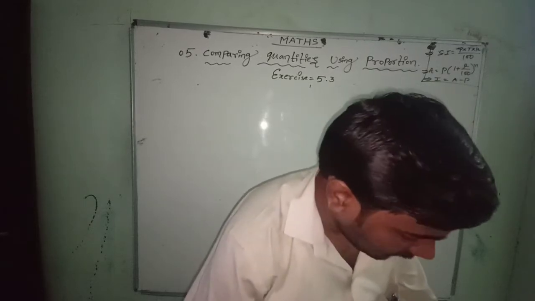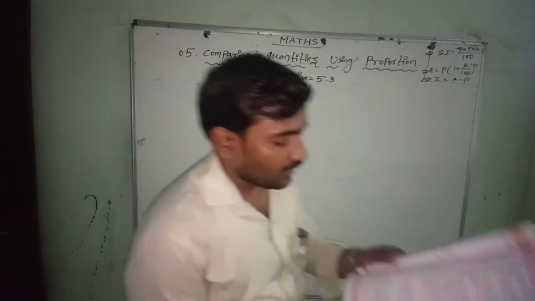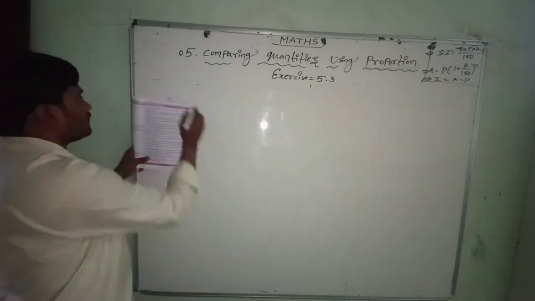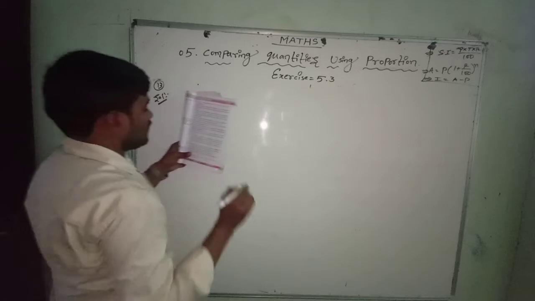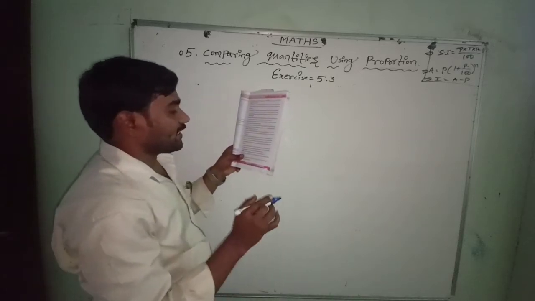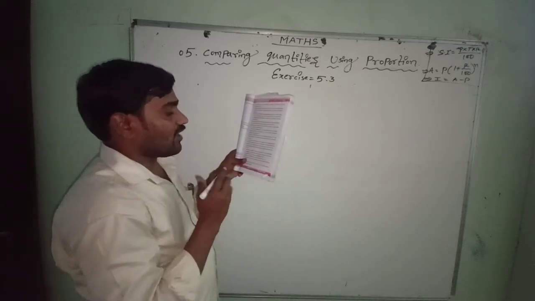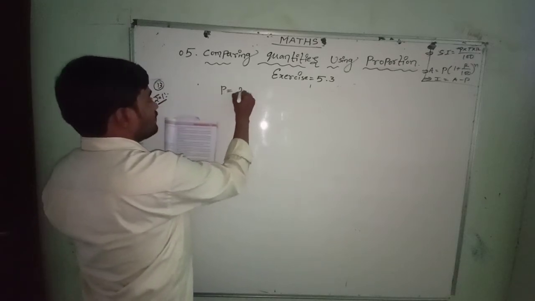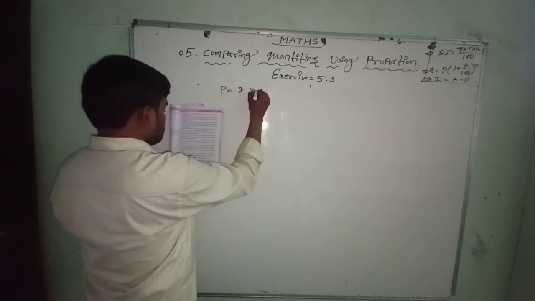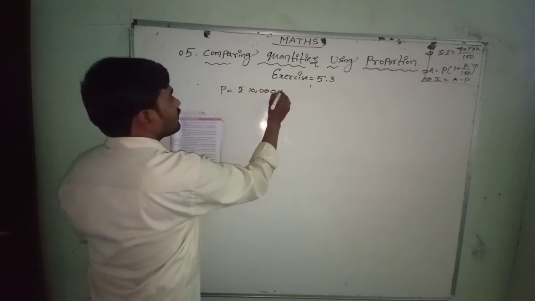Yes, the 13th one: a machinery worth rupees 10,000 depreciated by 5%. What is the value after 1 year? Simple. The machinery's principal will be 10,000.